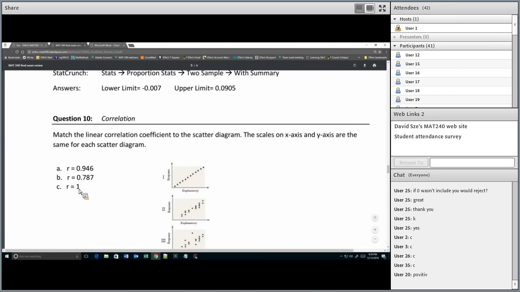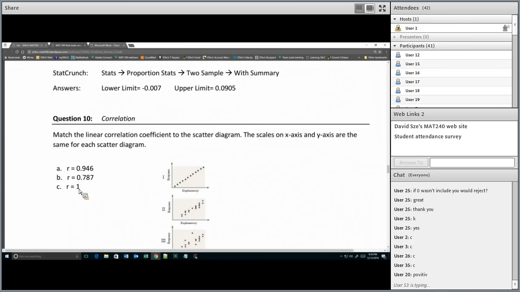So R is 1. Remember, what is the minimum and the maximum that the correlation value can be? -1 and 1.